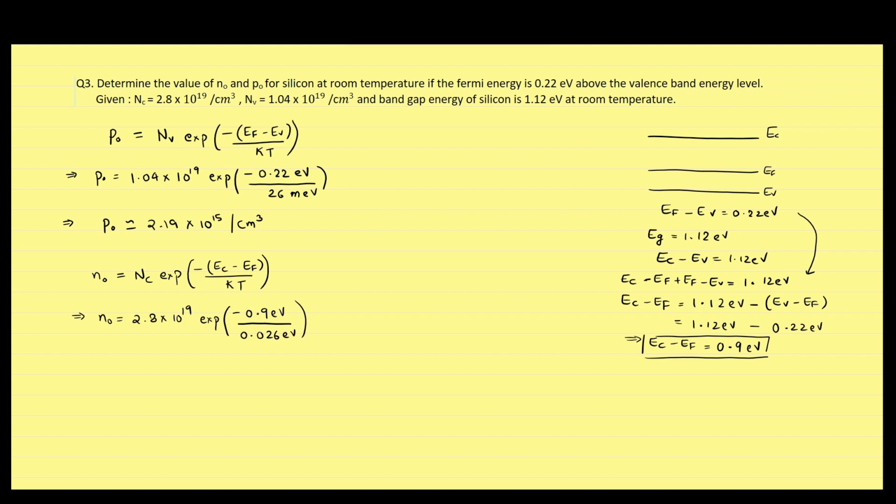After calculation, the free electron concentration comes out to be around 2.59 into 10 to the power 3 per centimeter cube.